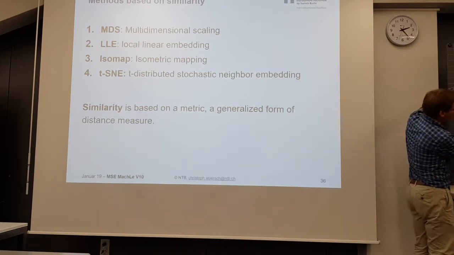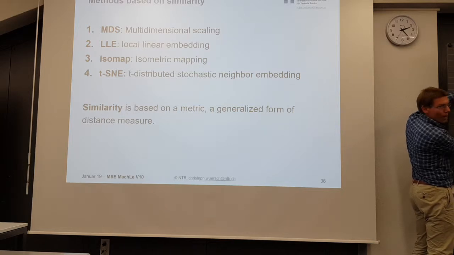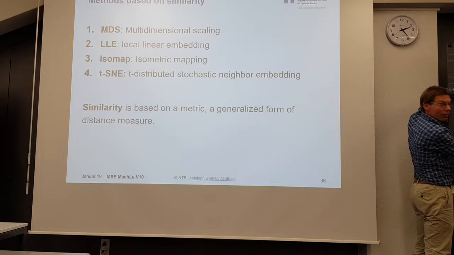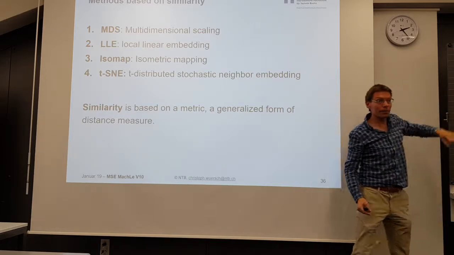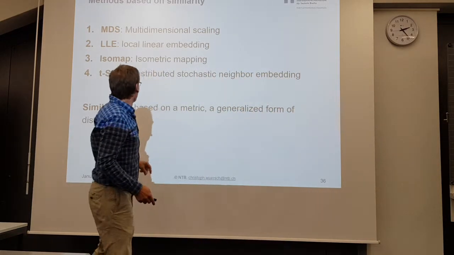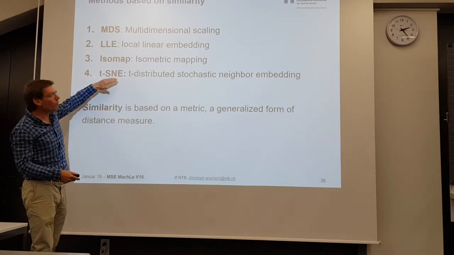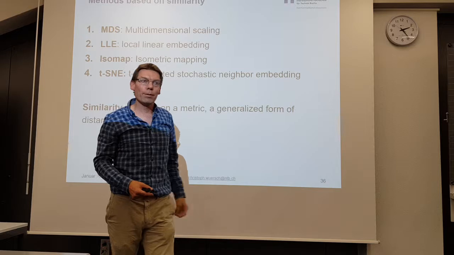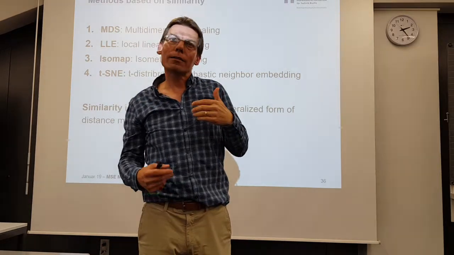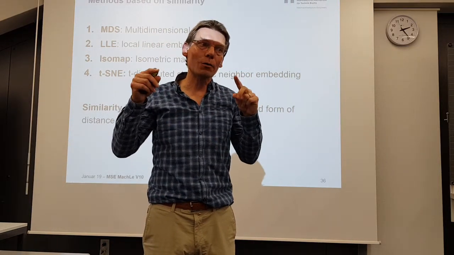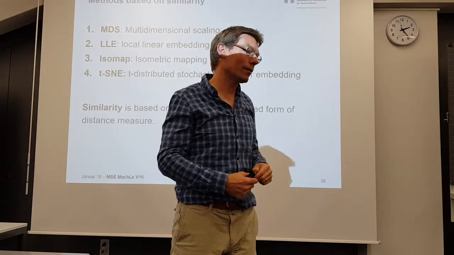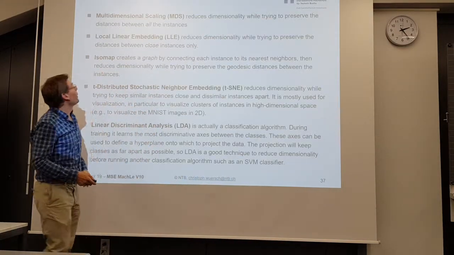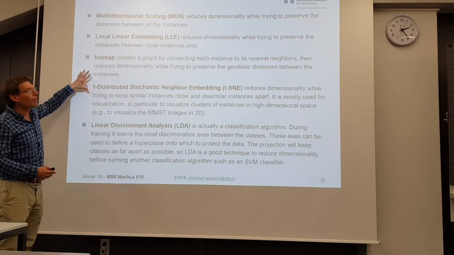Of course, if you say, I want to keep this distance, it would wrap it together, but ISOMAP says, I want to keep this distance as long as it is here, in this higher dimensional space. And then t-SNE is a different one. It is a stochastic technique. It tries to map the higher dimensional probability distribution using a lower dimensionality distribution. Okay. The summary here, I think this slide is quite important.